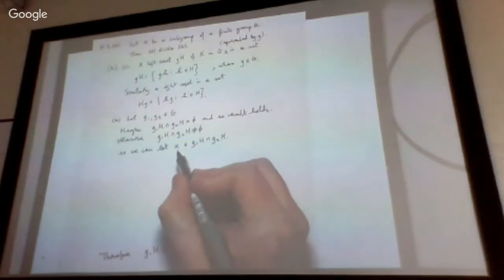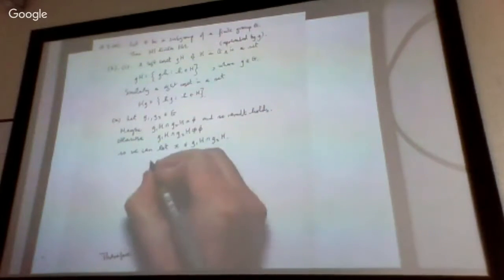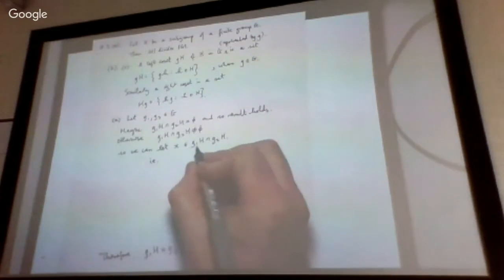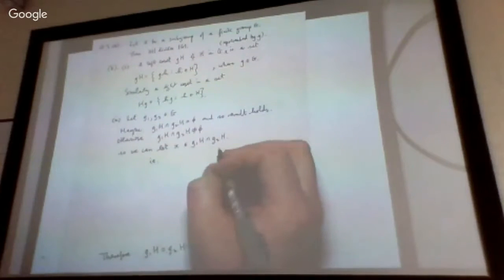Now we ought to unravel this. We've taken an element X in the intersection, but that tells us a little bit more about what's going on, because it's in the left coset and it's in the right coset.